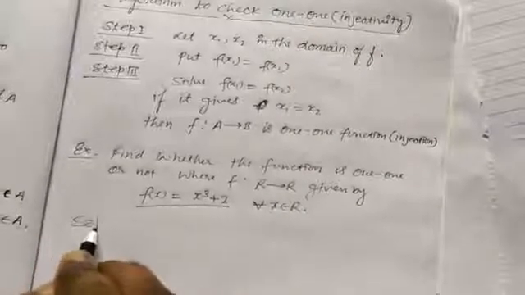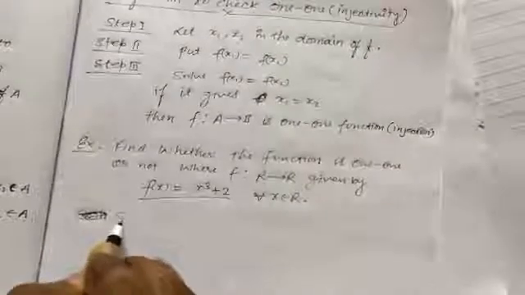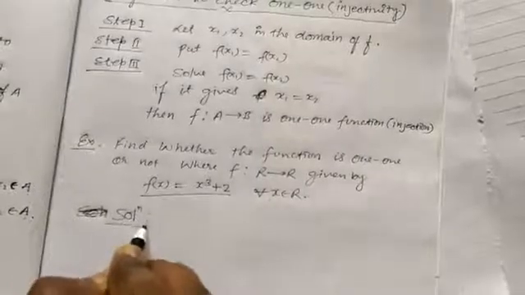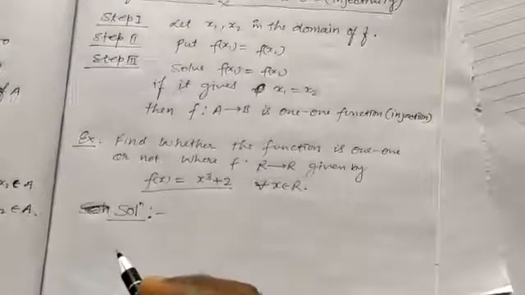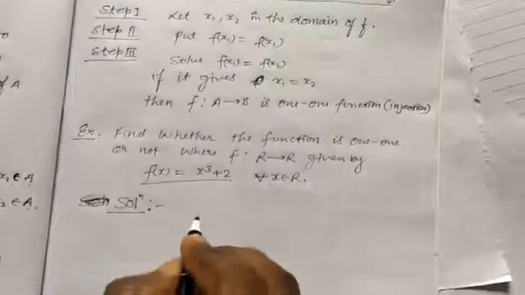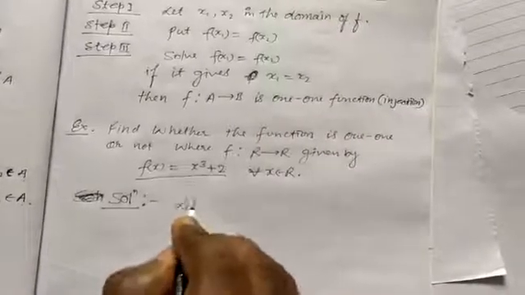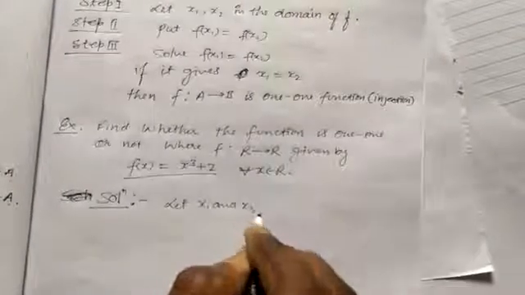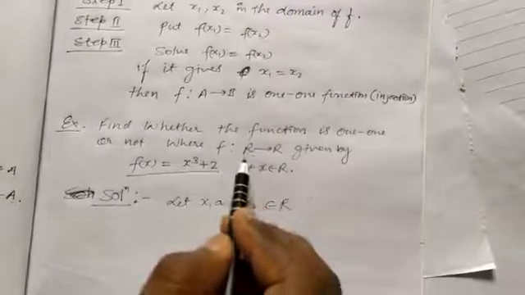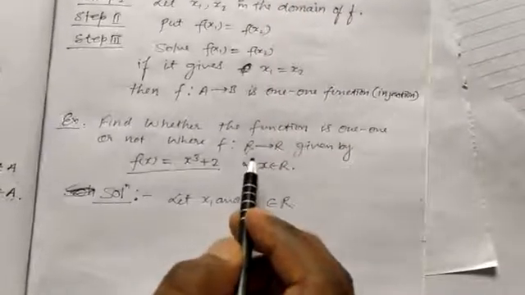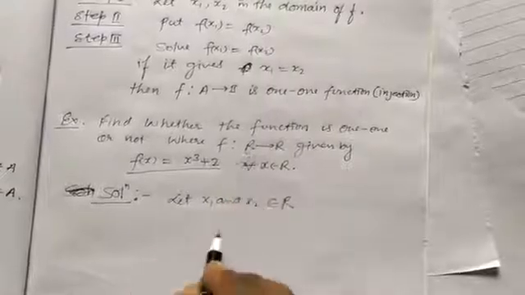How do you start? Now start the solution. The first step is we have to consider two elements in the domain set. Let x1 and x2 belong to real numbers, because here the domain is real numbers. Now find the value of f(x1).